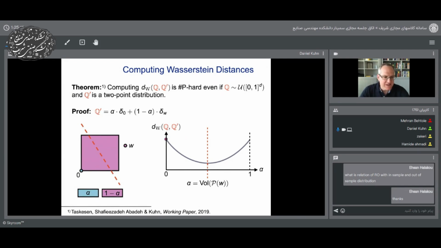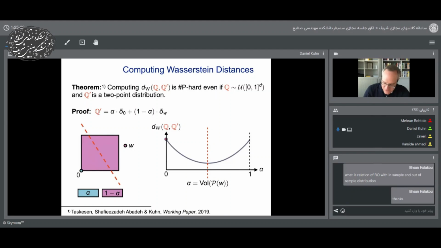First, if alpha is 1, then all the probability mass from Q needs to be moved to 0. For any alpha, I'd like to visualize the optimal transportation plan for moving probability mass from Q to Q prime.